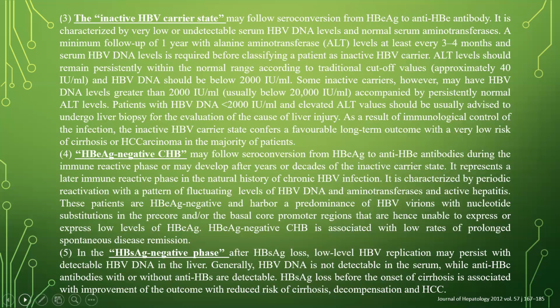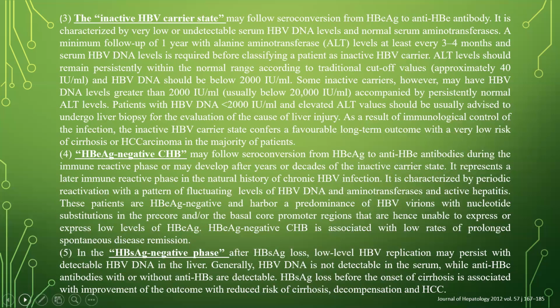The fifth stage is the HBs antigen negative phase. After HBs loss, low-level replication of the virus may persist, with detectable HBV DNA in the liver. Generally, DNA of the virus is not detectable in the serum, while anti-HBc antibodies, with or without anti-HBs, are detectable.